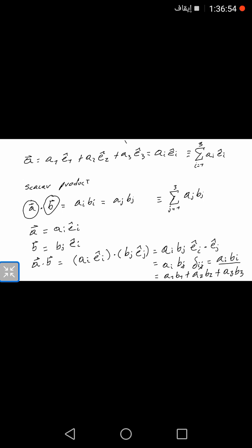This is how we represent this scalar product between vectors. At the end, it's represented in this manner, and it's just a summation for every index using both vectors.